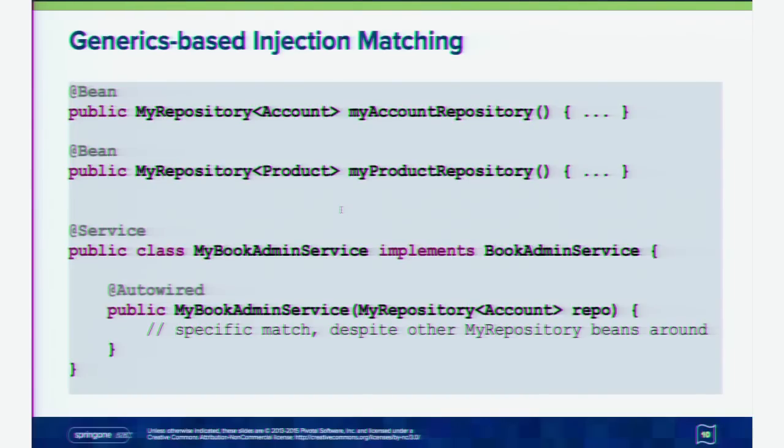If they are expressive enough, let's not insist on metadata. No need for adding extra annotations if the type declarations themselves are expressive enough to solve the problem. So this is part of that story: generics-based injection matching, a completely new, overhauled algorithm trying to do the type matching for you in the Spring 4 generation, with this particular benefit here.